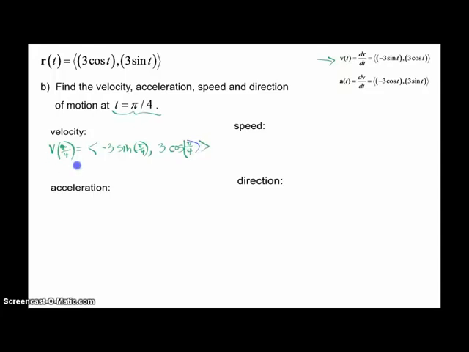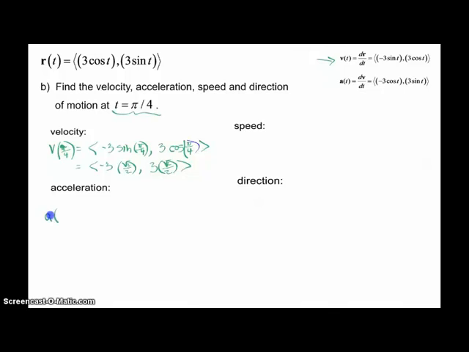And so that velocity vector would be -3 times √2 over 2, comma, 3 times √2 over 2. So there is our velocity vector at t equals pi over 4.